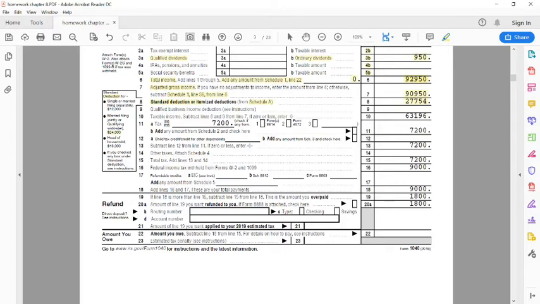Okay, next, line 9 is our QBI, that new quirky thing that was set up by Congress because they felt it was unfair that corporations got reduced tax, but that small businesses did not get any benefit from the preferential tax treatment for big business. So this QBI was added here, and we've done one for a homework problem.